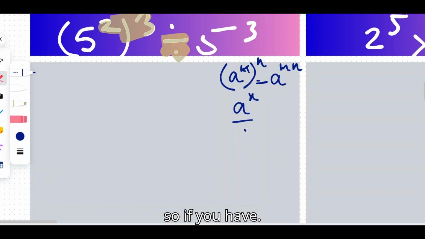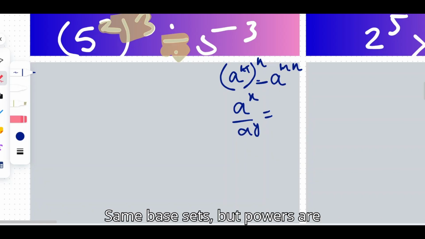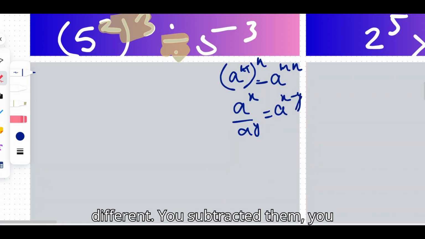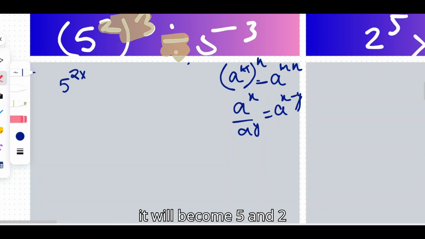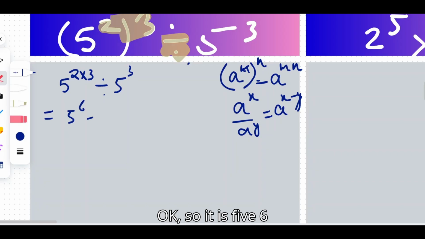If you have the same bases but the powers are different, you subtract them. So let's apply these rules. First, remove the bracket. So it will become 5 raised to the power 2 times 3, divided by 5 cubed. So it is 5 to the power 6 divided by 5 to the power 3, equal to 5 to the power 6 minus 3.